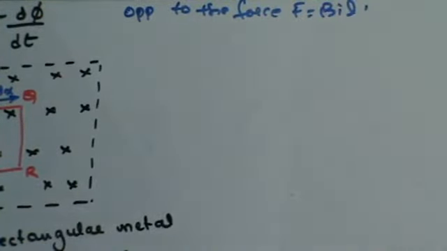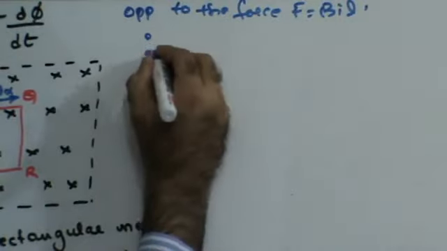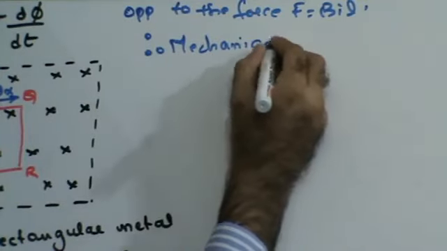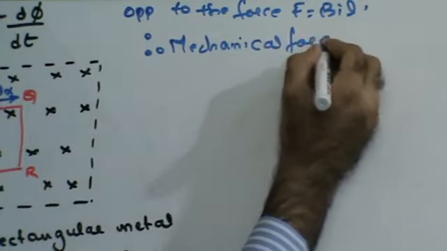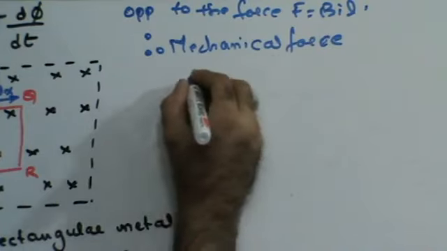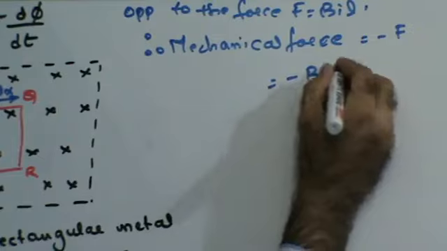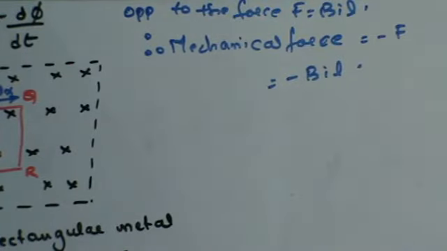Only then will the metal frame keep moving towards the left. Therefore, I can say that the mechanical force will be nothing but minus F, that is minus BIL. That is the mechanical force that has to be applied onto the metal frame.